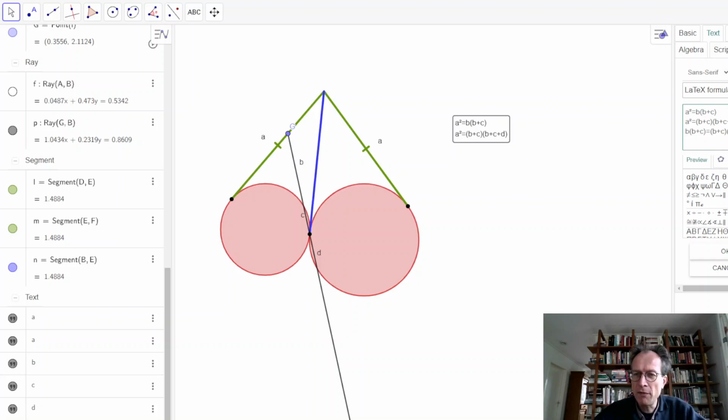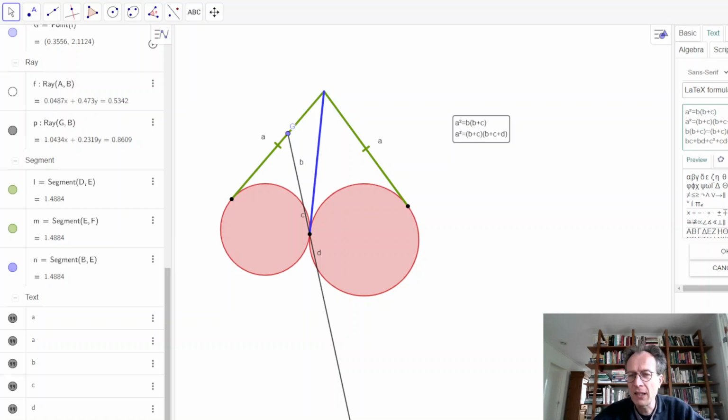So what we have is bd plus c squared plus cd. If I have done it correctly, that should be 0.